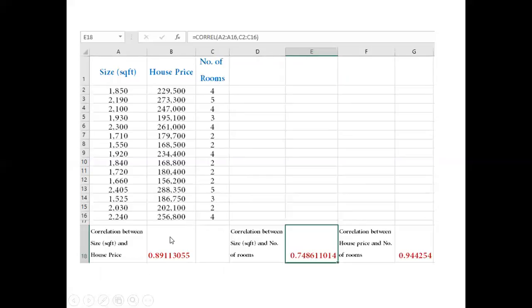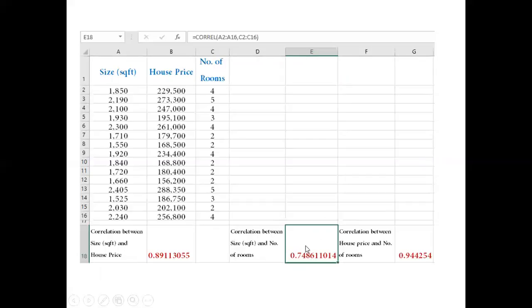Using the same procedure, we find the R, that is the correlation coefficient. The correlation coefficient between the size and the house price, which we saw in the last slide. Here, the correlation between the size and the number of rooms.